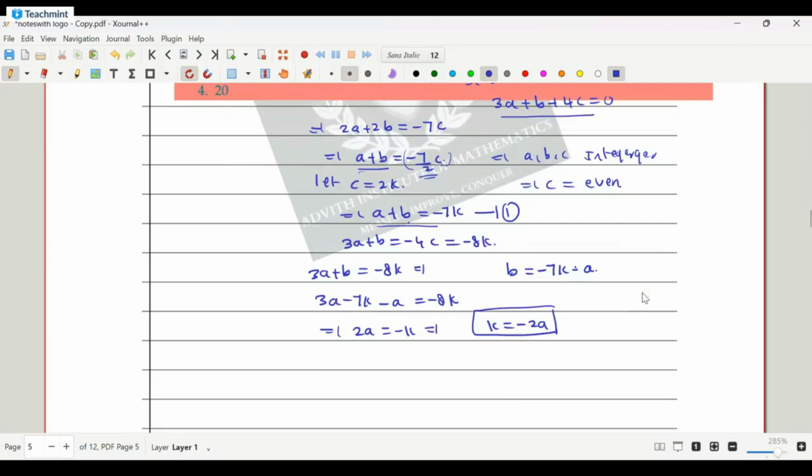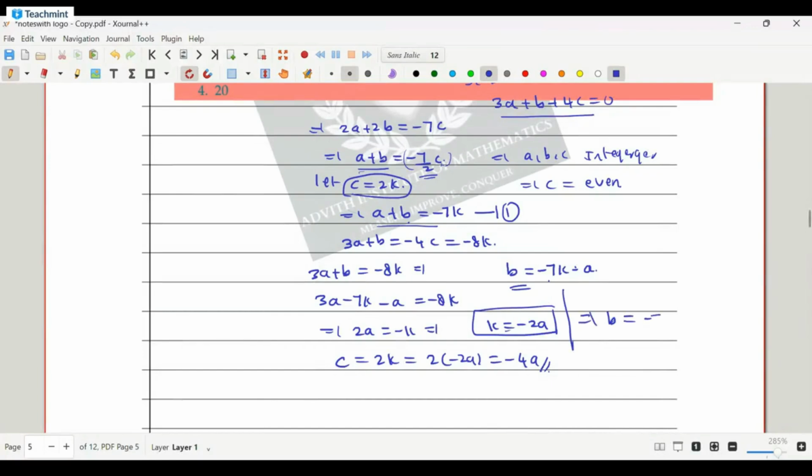K is equal to minus 2A, but we know that C is equal to 2K, sir. So therefore C is equal to 2K, which is equal to 2 into minus 2A, which is equal to minus 4A, sir. C is equal to minus 4A. But what is B, sir? B enta? K is equal to minus 2A. Substitute it from this.